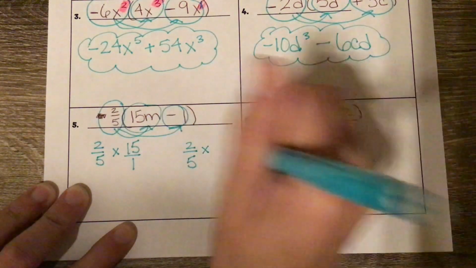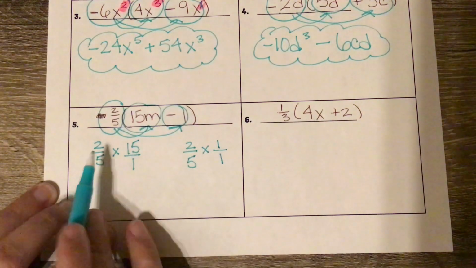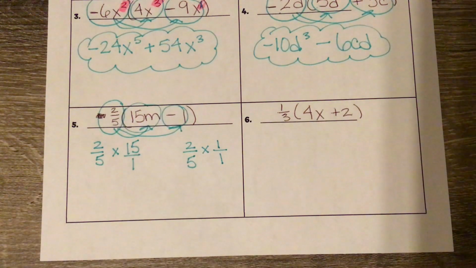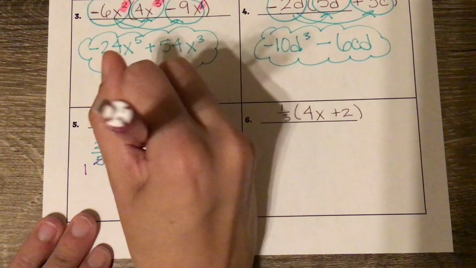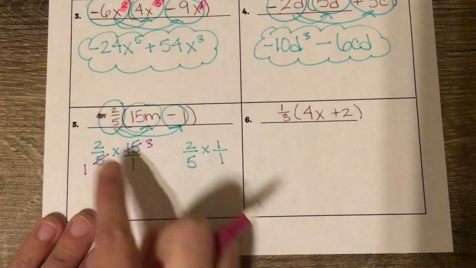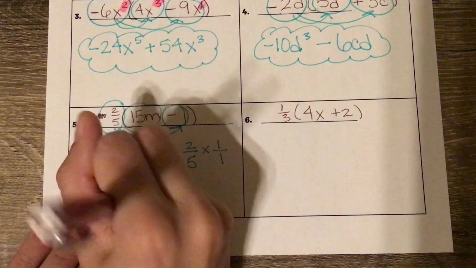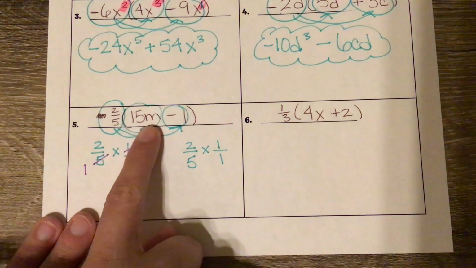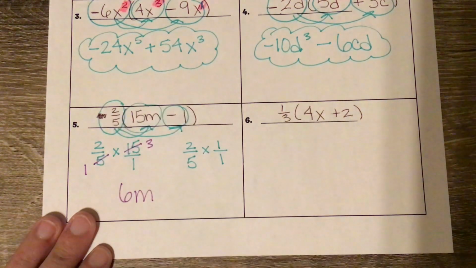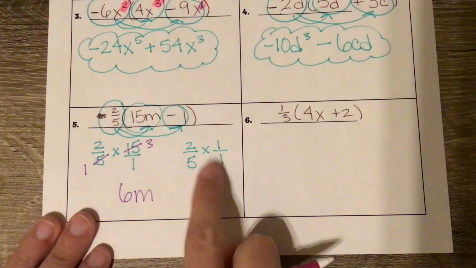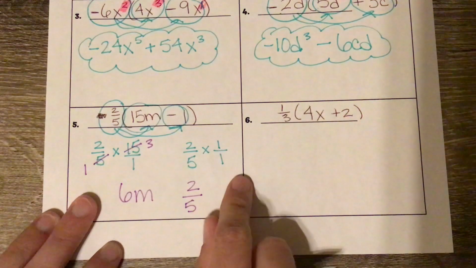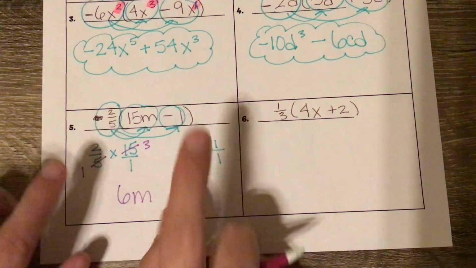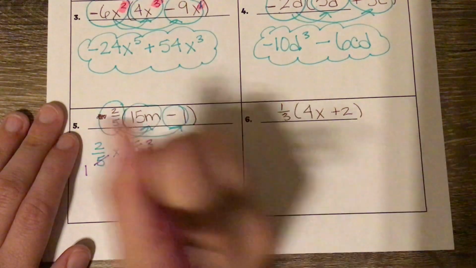We can add in the negatives later. So 2/5 times 15 over 1. I simplify. 5 becomes 1. 15 becomes 3. 2 times 3 is 6. And then we bring in our variable, which was m. Over here, 2 times 1 is 2. 5 times 1 is 5. It was a positive times a negative, which is a negative.